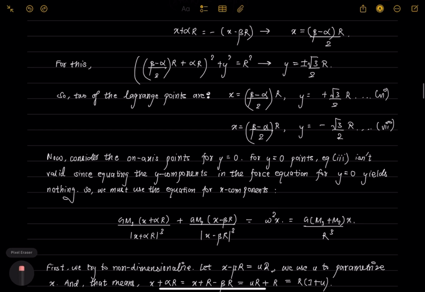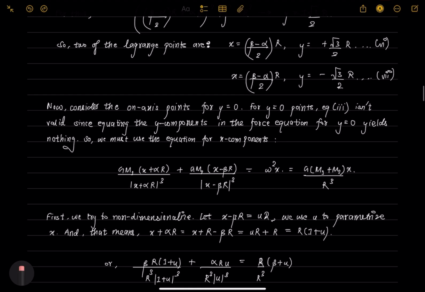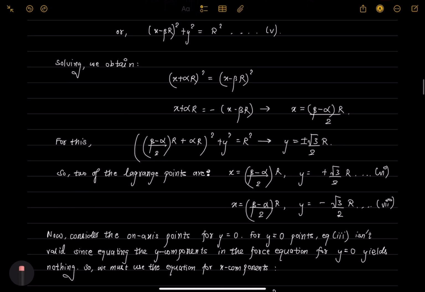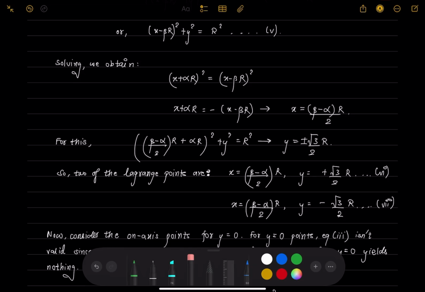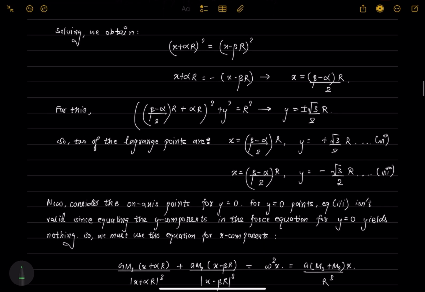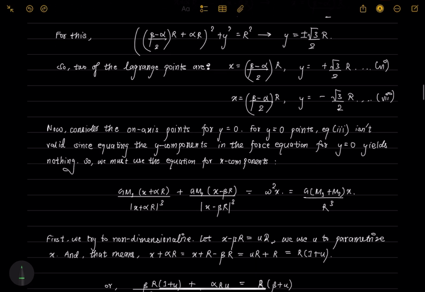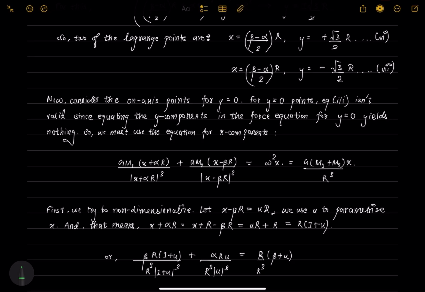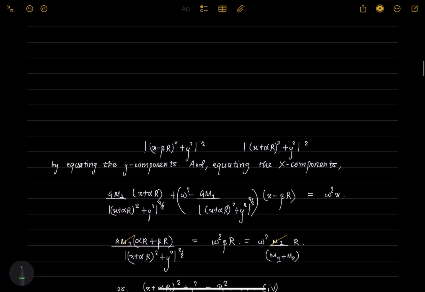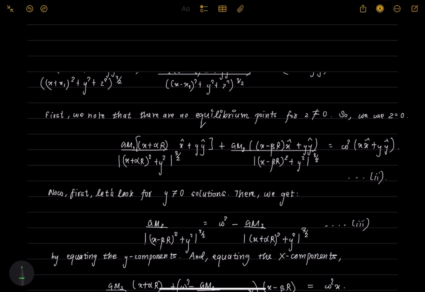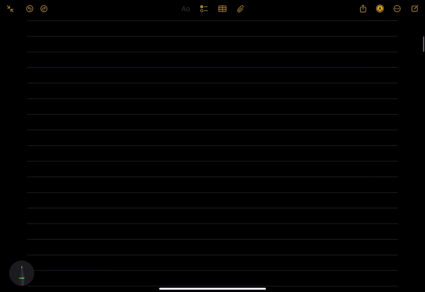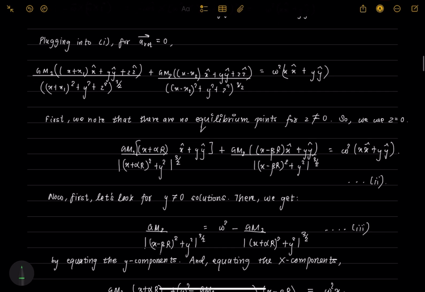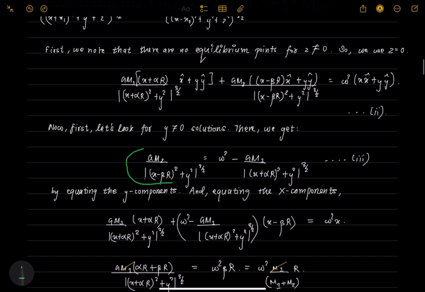I think it's taking a bit of time to load, but the equation that we obtained, which allowed us to obtain all of this by equating the y components, the very equation that equated the y components from the first equation, does not hold. Which is exactly why we can only equate the x components.